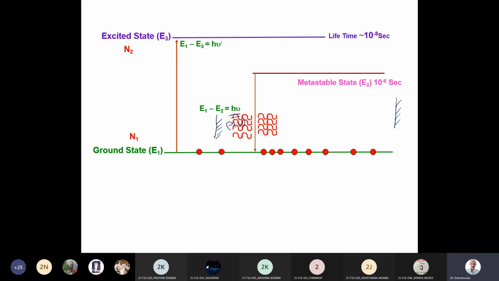And all atoms will fall from metastable state to ground state, giving you this coherent beam if you supply this matching photon, because now we have time to supply the matching photon since this has a large lifetime. If they are there, I don't have time to supply an external photon because their lifetime is less.